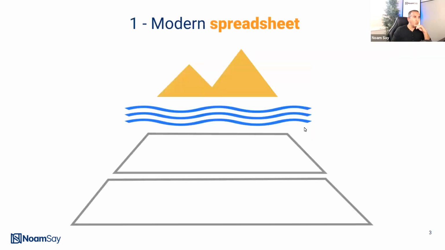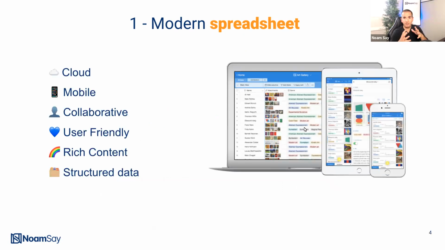If you open Airtable, the first thing you are going to notice is that it really looks like a modern spreadsheet with very nice colors, and a lot of colors, which is the case, basically.